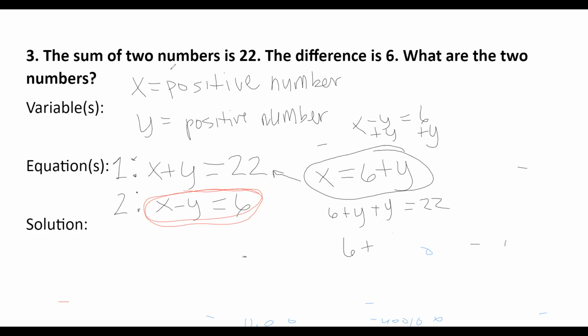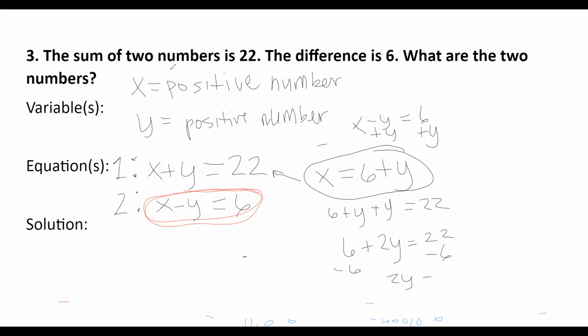So that's going to be 1y plus 1y is 2y, plus 6 equals 22. Let me erase some of these stray marks.